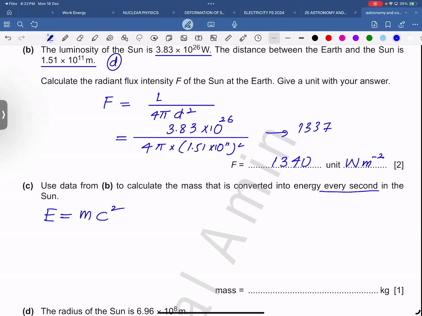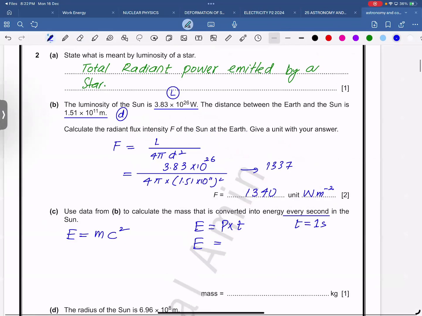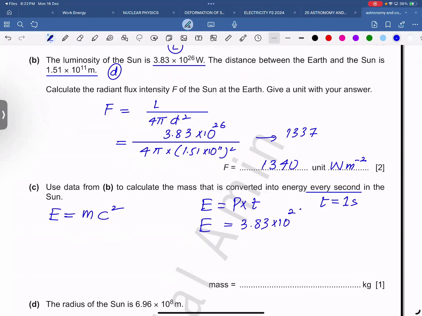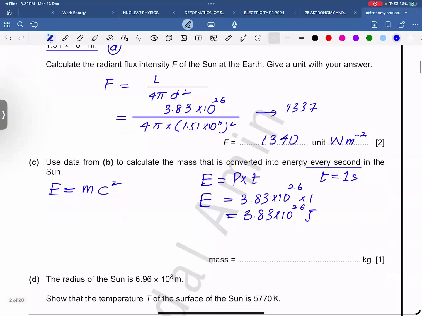It's every second. So every second means time is 1 second. Energy is power multiplied by t. Power is the radiant power, which is 3.83 × 10^26 into 1, which is 3.83 × 10^26 joules. You need mass.